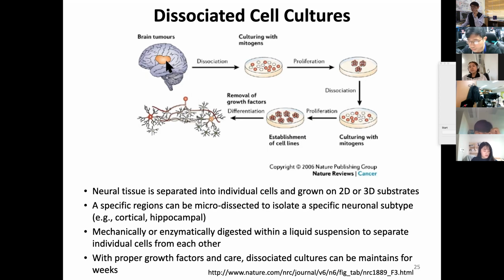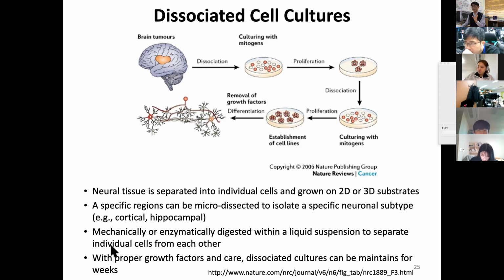Then you choose a specific region of the brain. For example, what you did last time is a trigeminal ganglion, okay? It can be micro-dissected and isolated. Then you have specific neuronal subtypes, in your case, trigeminal neurons. Then you can use mechanical chopping or enzymes to digest within a suspension to separate individual cells, okay?